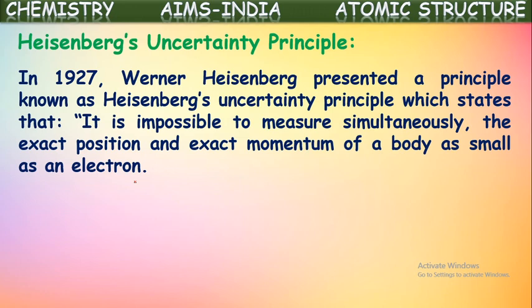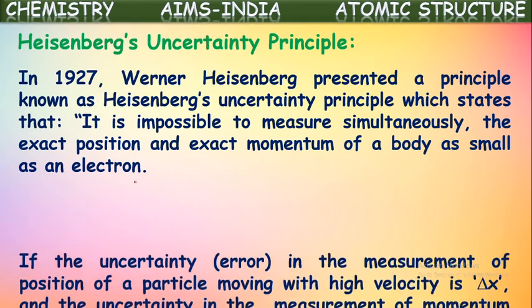The error in that quantity is said to be uncertainty. As it was given by Heisenberg, it is called Heisenberg's uncertainty principle.